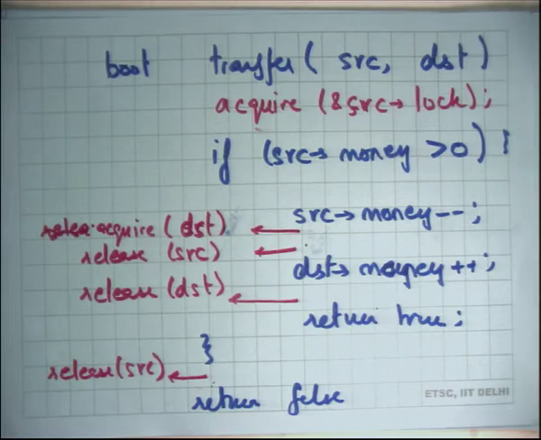What do you have? Deadlock, because the first thread has acquired A's lock and is waiting for B's lock to get free. The second thread has acquired B's lock and is waiting for A's lock to get free. Both threads are waiting for the other thread to release the lock, but none of them will ever be able to release any lock because they are both stuck at an acquire. And so you have a deadlock.